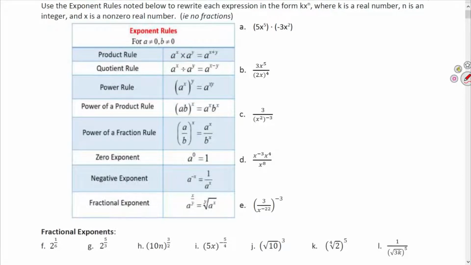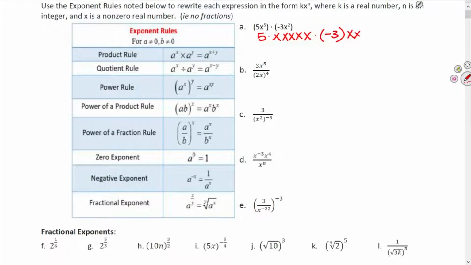Well, what does it mean to have x to the fifth power? That means x times itself 5 times. So I have 5 times x times itself 5 times, times negative 3 times x squared, which is x times x.